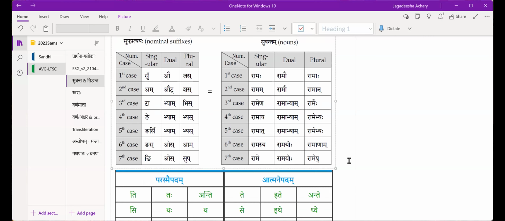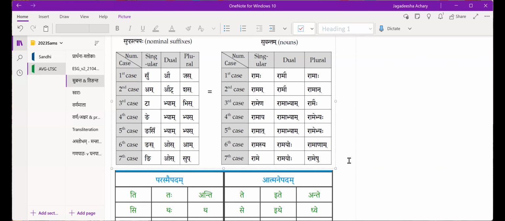In napumsakalinga, Dvitiya Vibhakti and Prathama Vibhakti are the same: phalam, phale, phalani. For example, in pullinga, Dvitiya Dvivachana is Ramau, but in napumsakalinga, it will be phale.